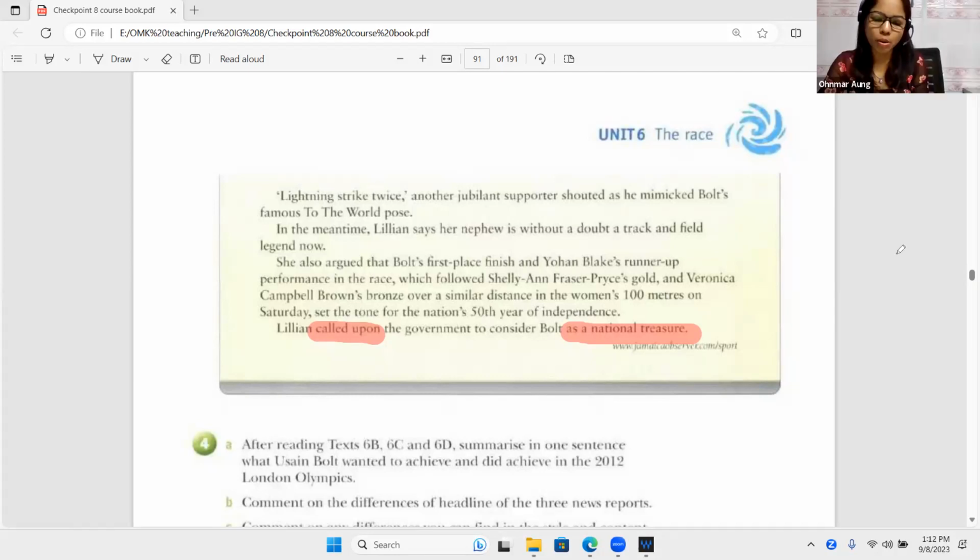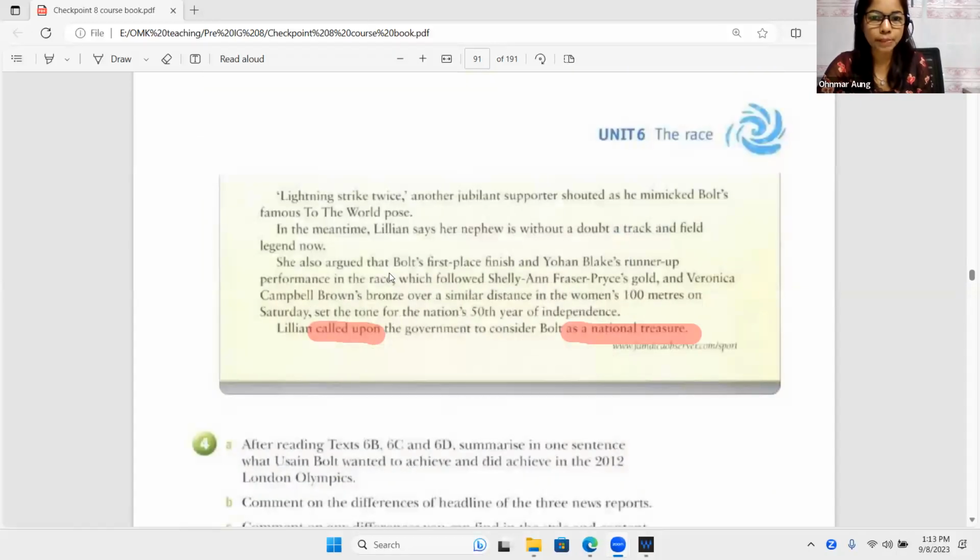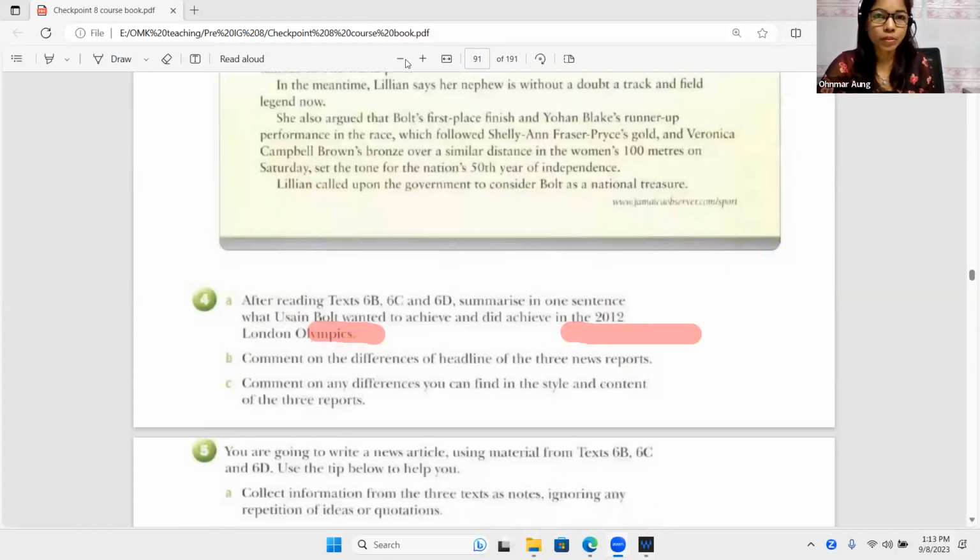So call upon means like propose, something like that. Yeah, propose that way. What should be a national treasure? So we have finished this text. So let's go to summary. What is it about? Starting from the title.